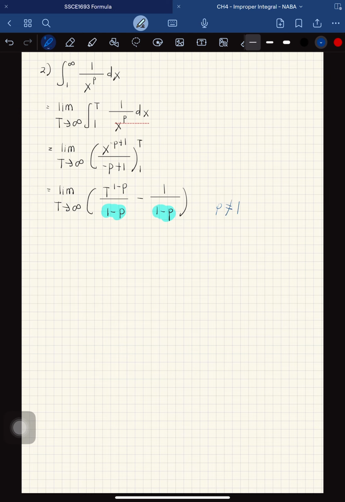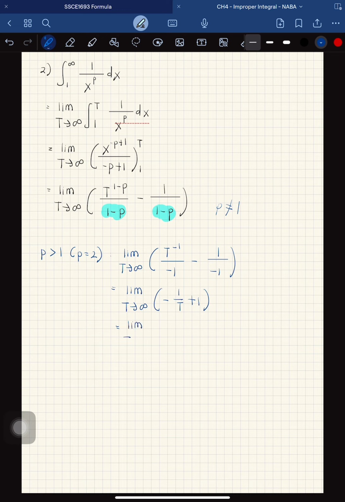If we want to choose the value of p, for the first case, what happens if p is greater than 1, for example p equal to 2? We substitute into the limit: t to the 1 minus 2 is t to the negative 1, over negative 1, minus 1 over negative 1, which is the limit as t approaches infinity of negative 1 over t plus 1.